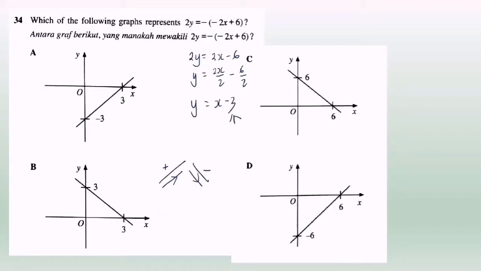Okay, so we need to find the positive gradient with y-intercept negative 3. So here, this is negative gradient, this is positive gradient, but the y-intercept is negative 6. Okay, this one is negative gradient. So the answer is A.